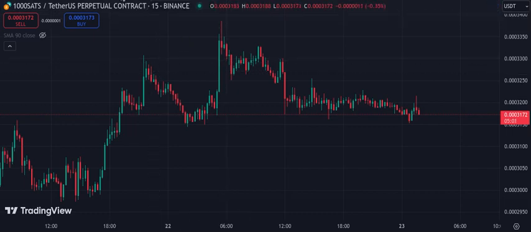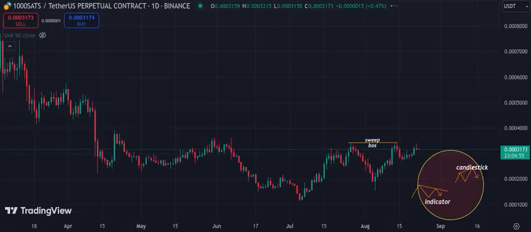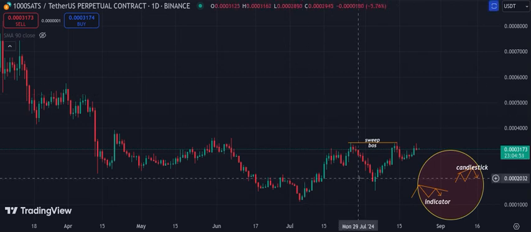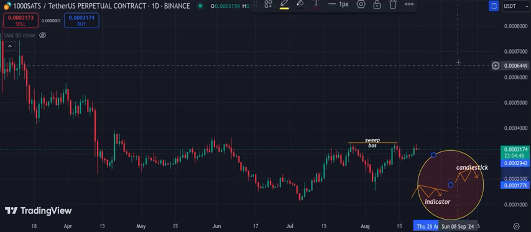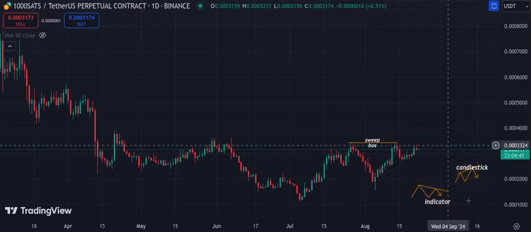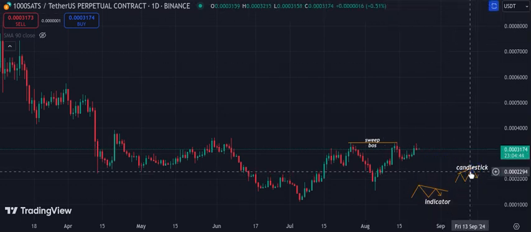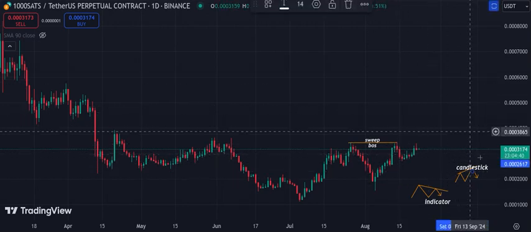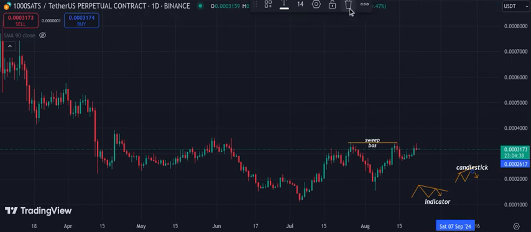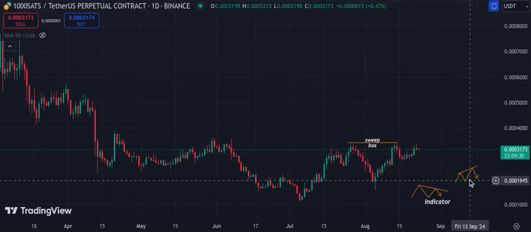So currently I'm on 15 minutes time frame. So I'll move up to 1 day time frame to give us some quick, what they call a top-down analysis about the market. Where is the market going to for any other thing?